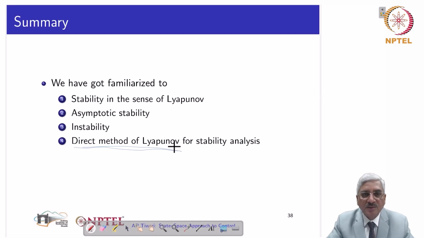As I said, in the direct method of Lyapunov, for the given system, we have to choose a Lyapunov function with the conditions that it should be continuous, its first order partial derivatives should be continuous, and it should be 0 at the origin, and greater than 0 at all other points where x is non-zero. And for that Vx, the V dot x should be negative, then the system is concluded to be stable.